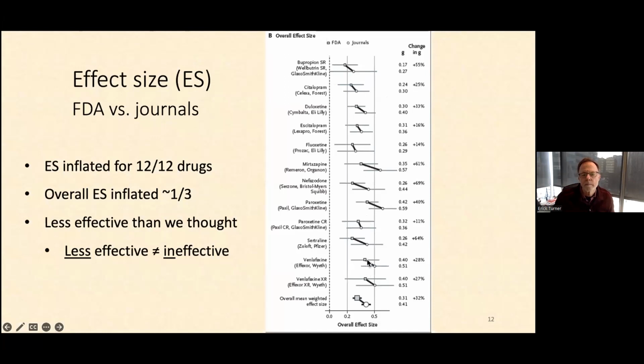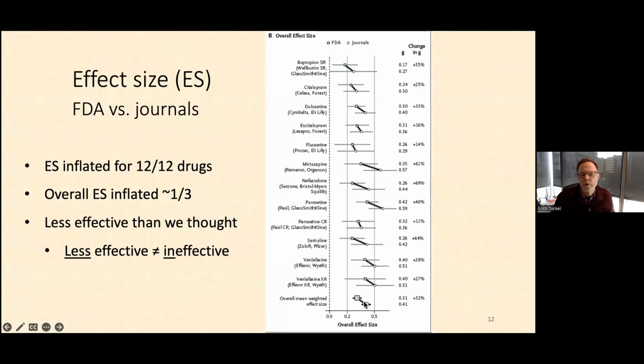If you put all 12 antidepressants together, you get a 0.31 standardized mean difference, which we probably don't have time to go into today, versus a 0.41 for journal-based.